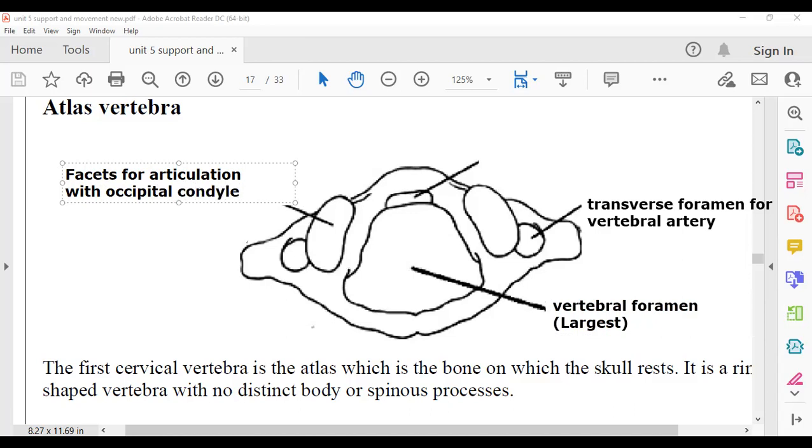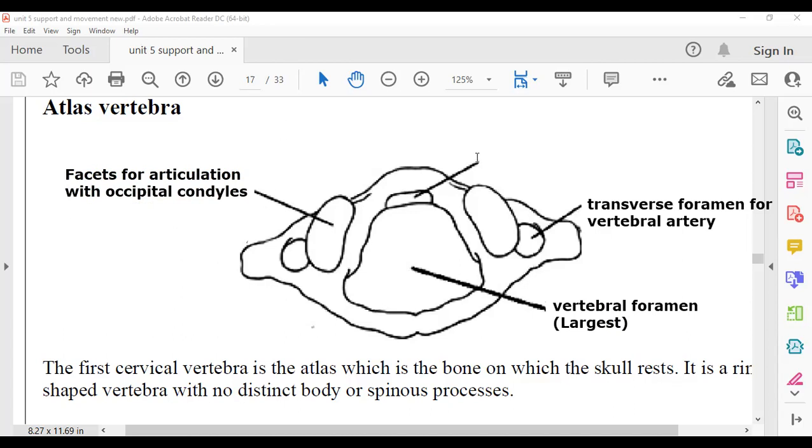Now, yesterday in the lesson, I showed you occipital condyles. Okay, it is in the occipital bone. In either sides of the foramen magnum, a pair of small knobs are there, and that pair of small knobs are called occipital condyles.